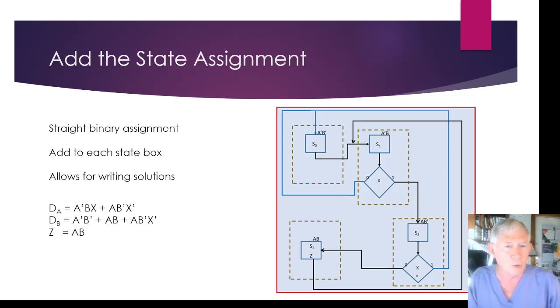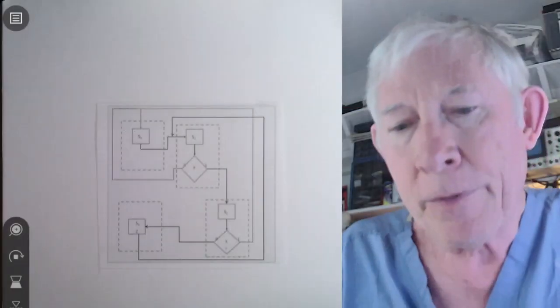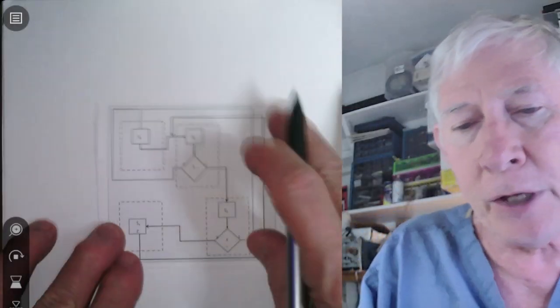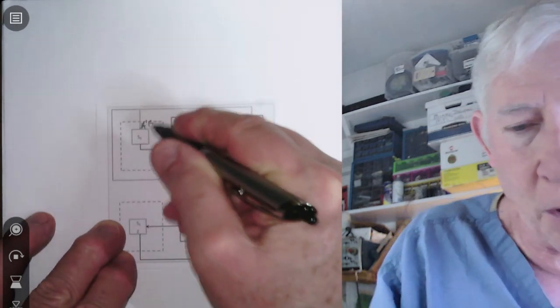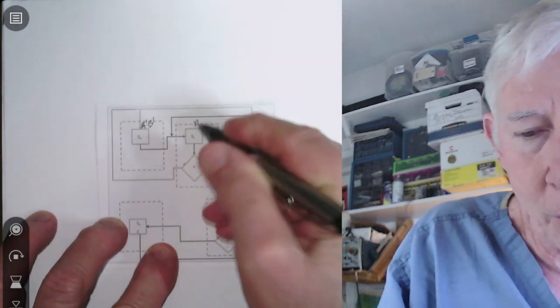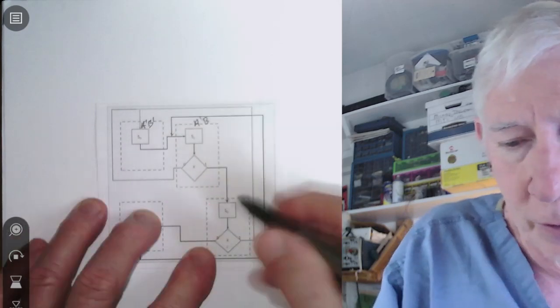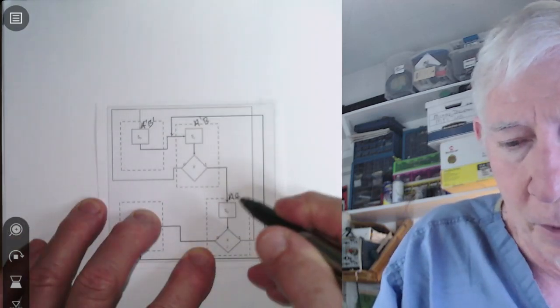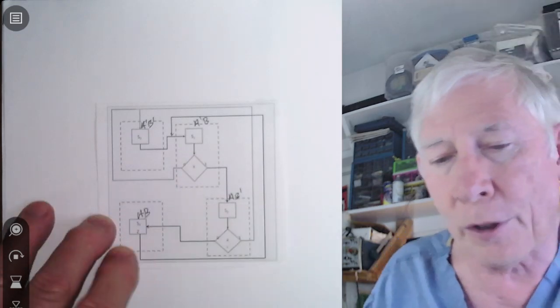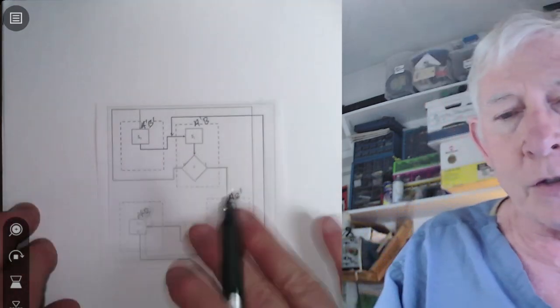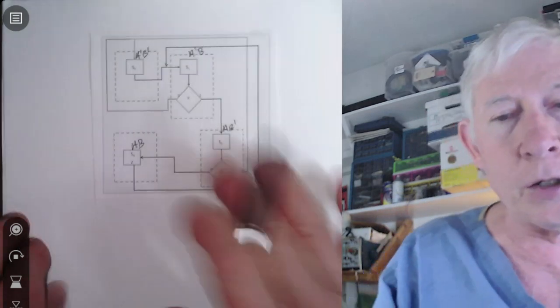All right, so here's our example. Now I'm going to write in, so this is A prime B prime. This is A prime B. This is A B prime, and A B. Those are our flip-flop encodings. So once we have this, it's really easy to write the states.